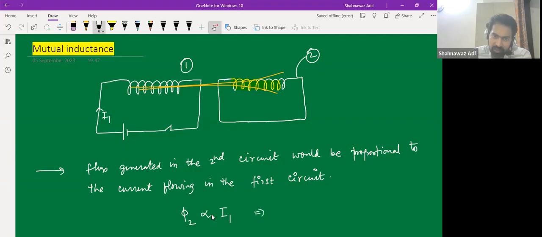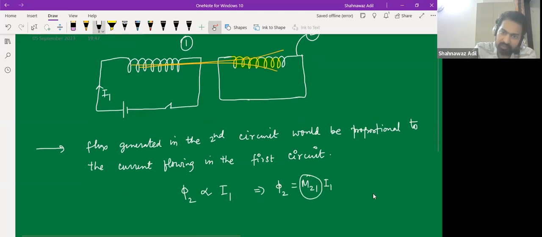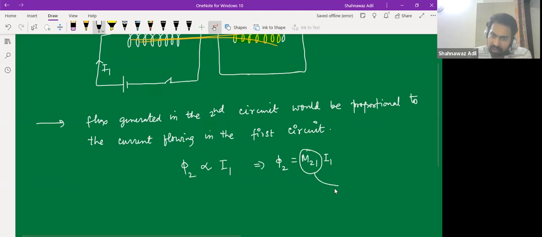If I remove this proportionality, I will get this constant, and this is called the mutual inductance, not conductance, but inductance.